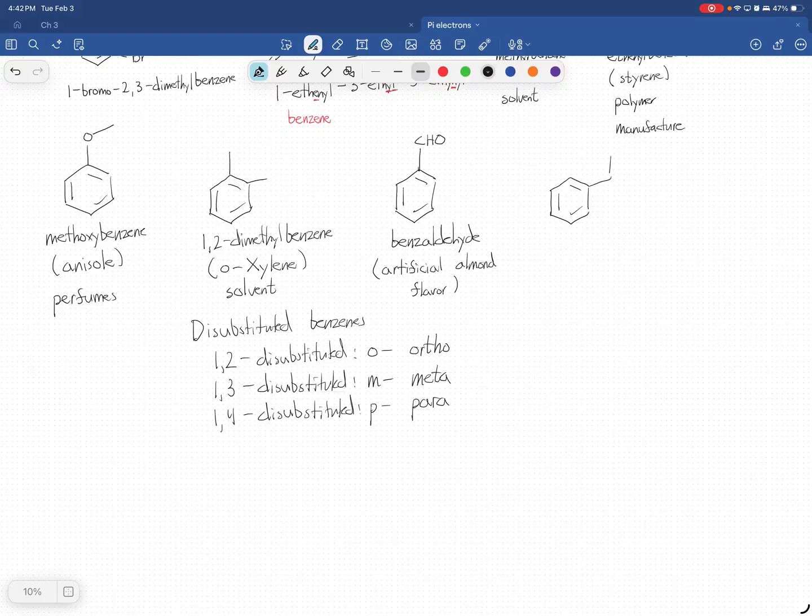Next thing we can have is a ketone here. This ketone smells somewhat sweet, but don't let that fool you, because this compound is used as a hypnotic drug.